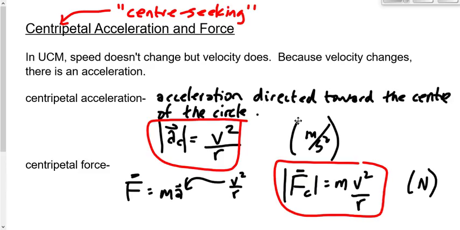So there must be an unbalanced force that's keeping them from going in a straight line. What supplies that unbalanced force? What is it that's causing them to not go in a straight line? What's pulling them away from the straight line? Okay, my arm's getting tired here. Somebody tell me.